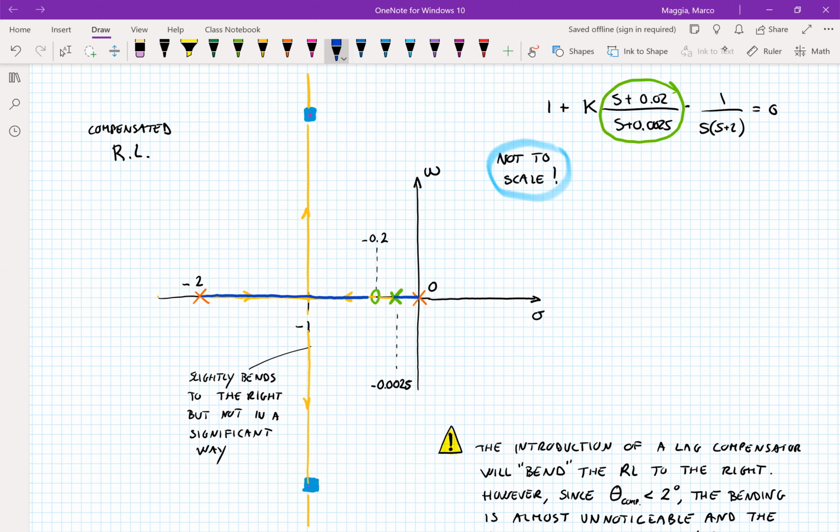So now these are the segments of the real axis that belong to the root locus. The segment between the 0 and the pole of the compensator is not part of the root locus anymore. So we must have a breakaway point between the two poles and then a break-in point right before the 0.